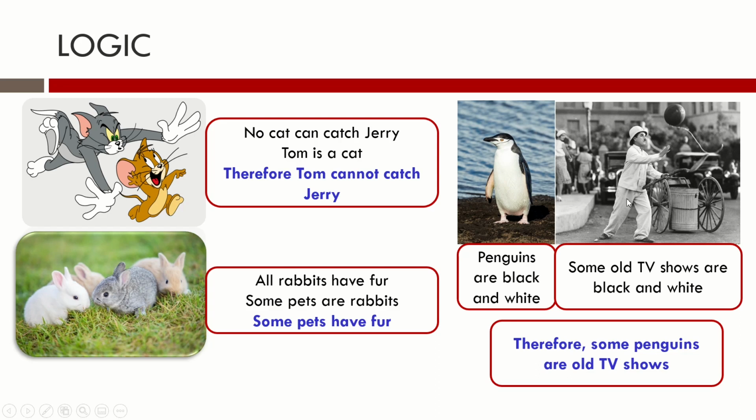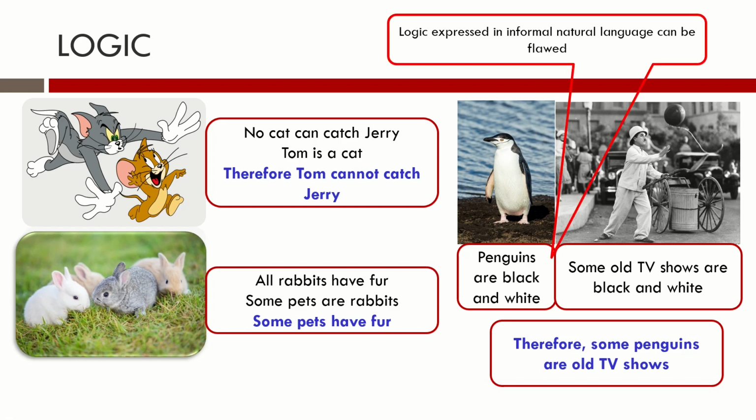So this is where the problem of representing logic using natural language occurs. When logic is expressed in informal natural language, it can be flawed. This statement is totally absurd, right? So we cannot make such a statement.